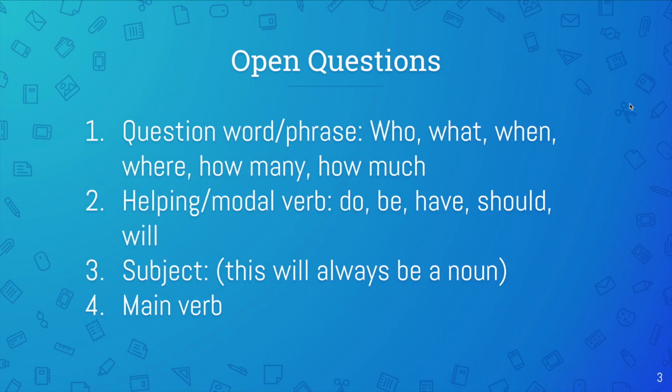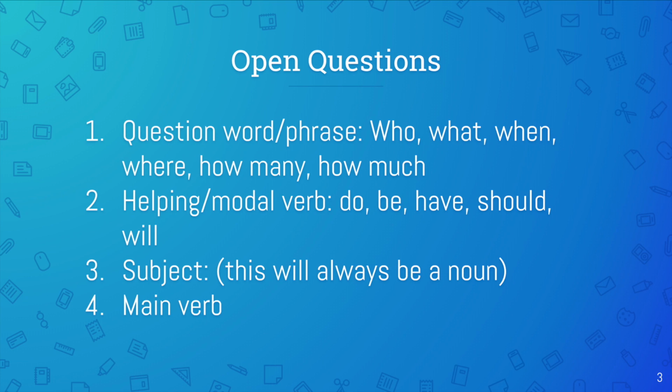Let's talk about the word order for open questions. When you ask an open question, you always want your sentence to follow this order. First, you should always start with a question word, like who, what, when, where, or a question phrase, like how many or how much.